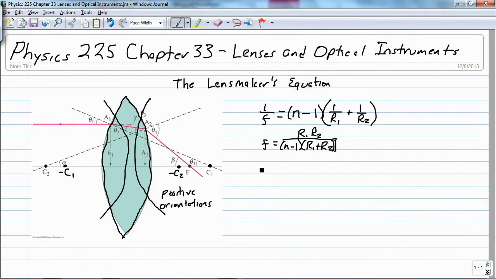And the other point to take into account or to think about is that the focal length is the same no matter how the lens is oriented.